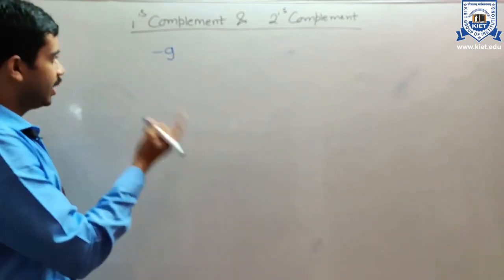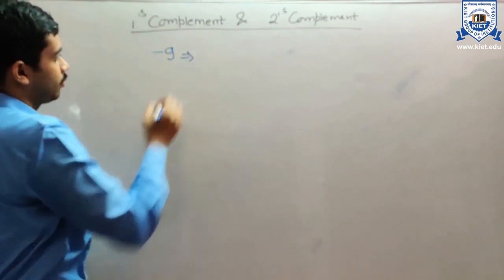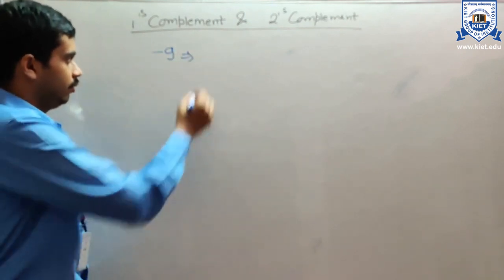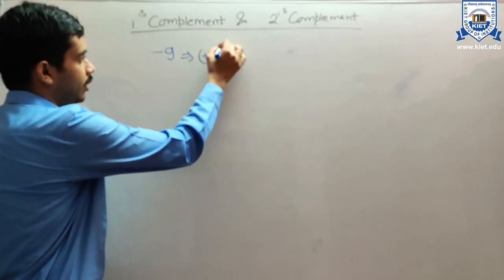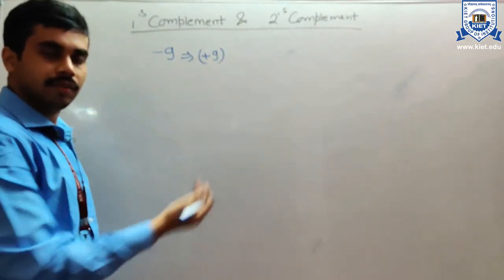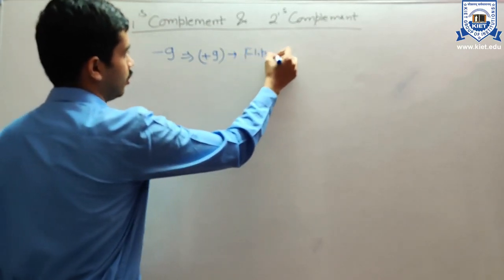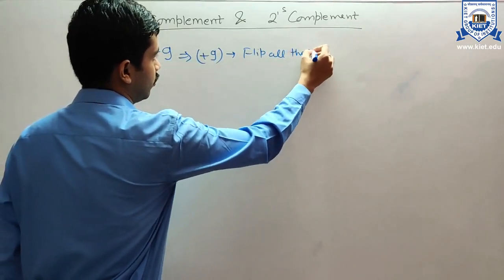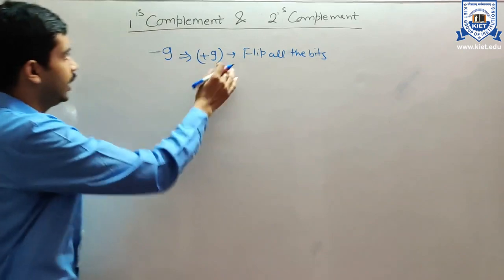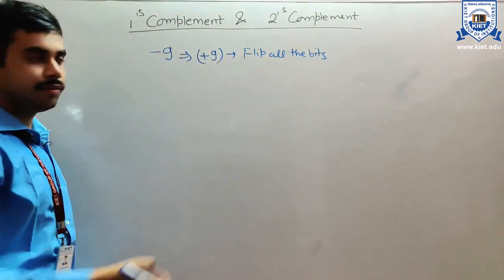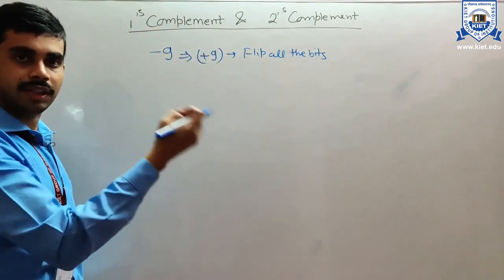For minus 9 we have to first calculate plus 9. Then we have to just flip all the bits and we will get its 1's complement, and then we will add 1 and we will get the 2's complement.